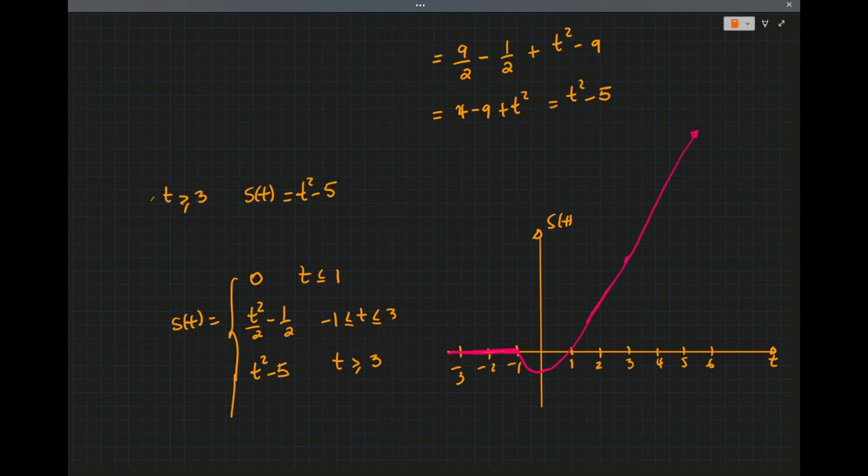So if you want, we can plug in t equal to 4 in this equation. So that's 16 minus 5, that's 11. So we reach 11.